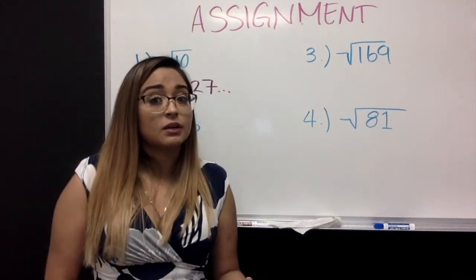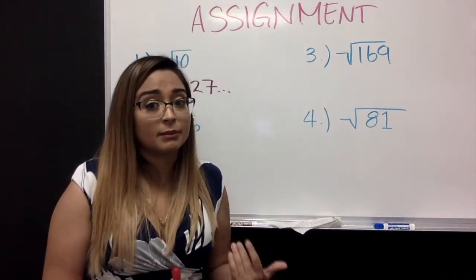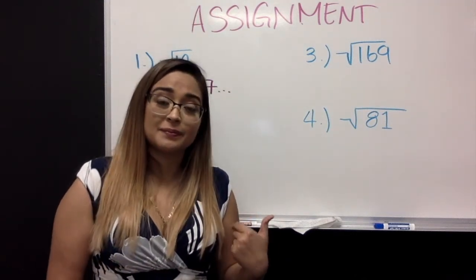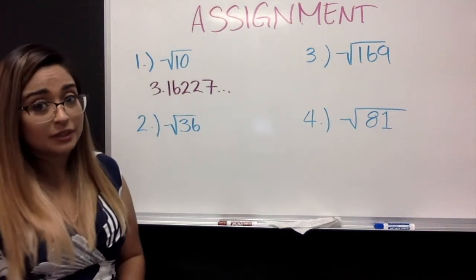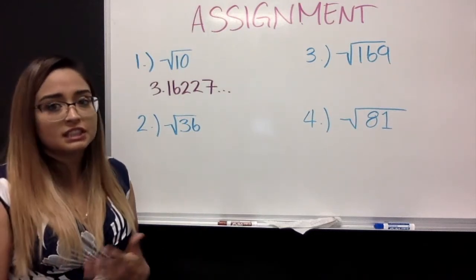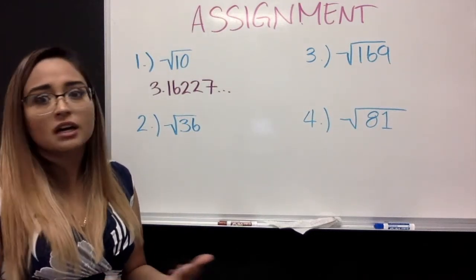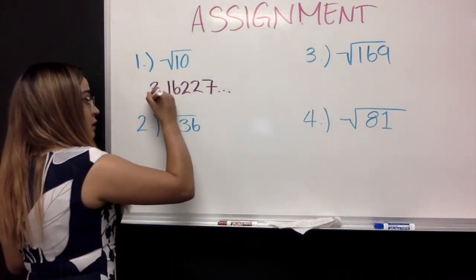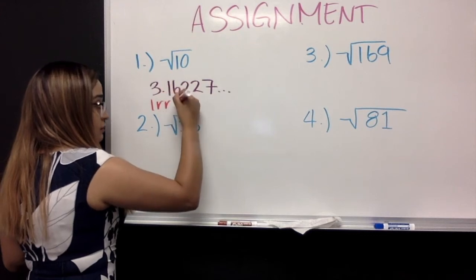Now, yesterday, we talked about what this kind of number is called. Do you remember? It is an irrational number. It's like an irrational person that just keeps on talking and talking. It goes on and on and on. So, you're going to label it as so.